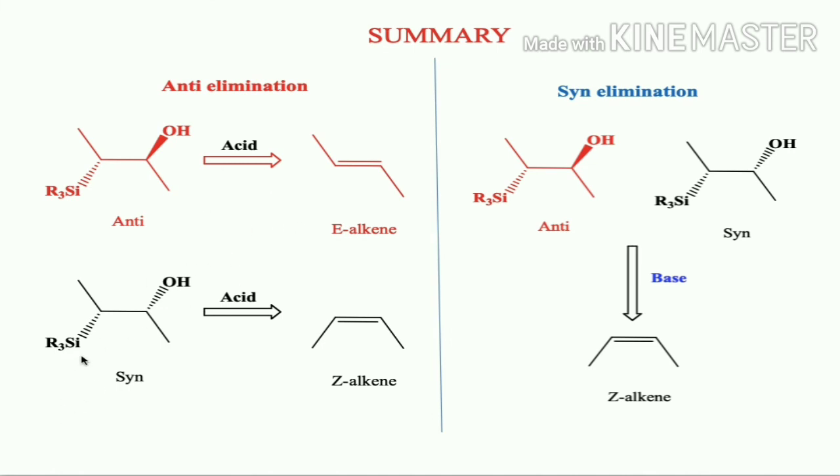If they are syn to each other, or on the same side, then acid catalyst will give Z-alkene. But if you treat with base, irrespective of this, it is going to form Z-alkene. Why it forms Z-alkene is because silicon has affinity for oxygen. So this is the summary of Peterson olefination.